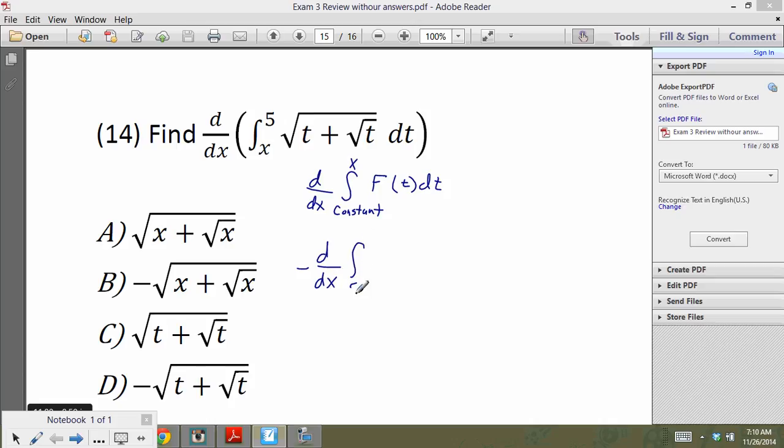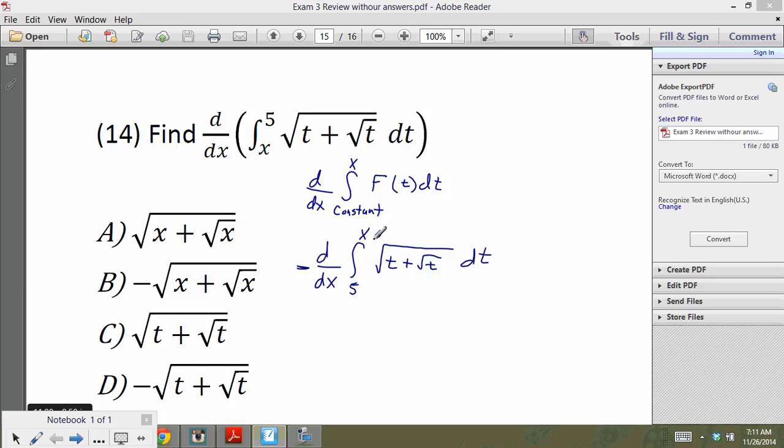So the 5 is now the constant lower bound, and the x is now the upper bound. And everything else is going to just stay the same. So maybe you want to stick that away in your memory. If you want to reverse the bounds for a particular expression, you can do that. You just change the sign. And of course, this was positive, so I made it negative right there.